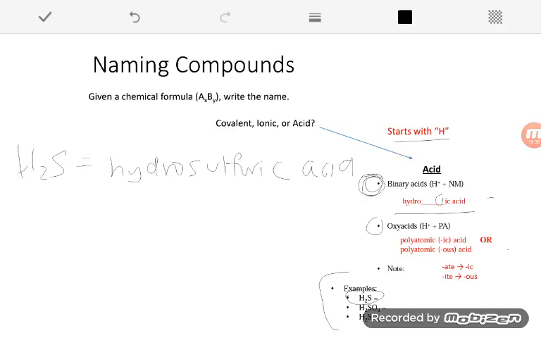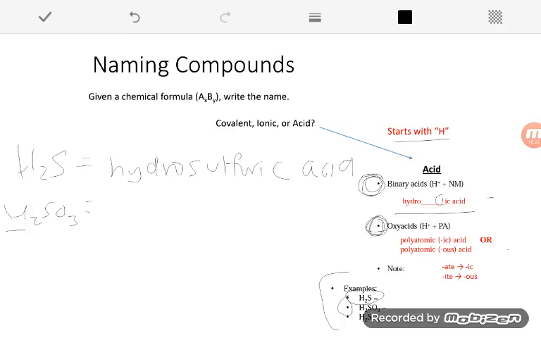All right. On the other hand, let's say we have H2SO3. So it's an acid because it has a hydrogen in front. But I can see it's not attached to a single element. It's attached to a polyatomic. That makes it an oxyacid. So I'm going to start out by writing the polyatomic's name and the word acid.